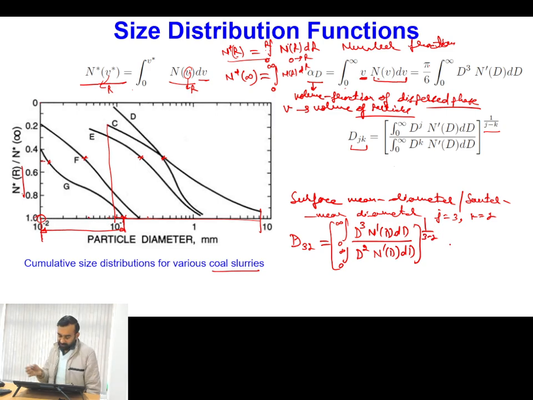Okay. So now you can see the term in the numerator represents the cube of d. It means it is identical to volume. The term in the denominator is d squared, identical to surface area.